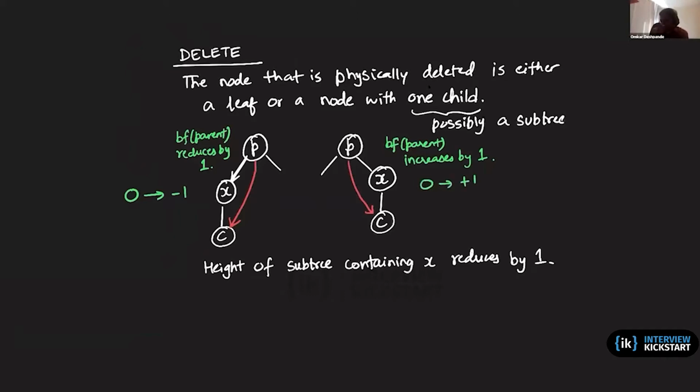That's one pair of alternatives. Maybe the branching factor was already a 1 here. So let me write that in a different color. Maybe it changed from +1 to 0, or it increased from -1 to 0.